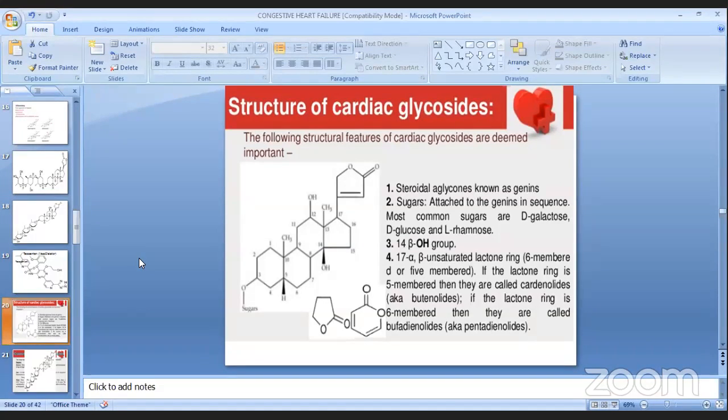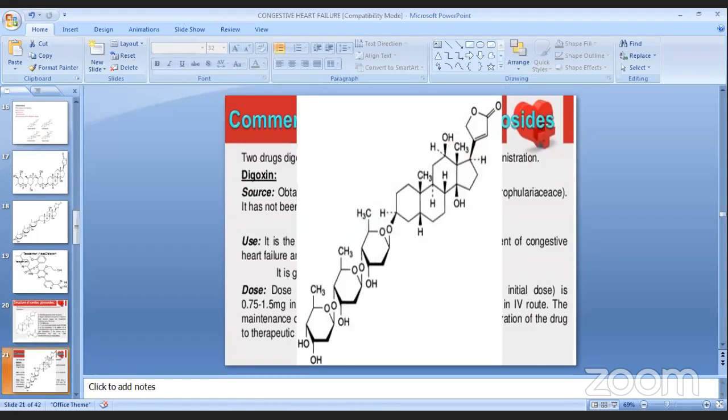And the only variation is that digoxin has an OH at the 12th position and the others are the same. Consider this is the structure of digoxin.